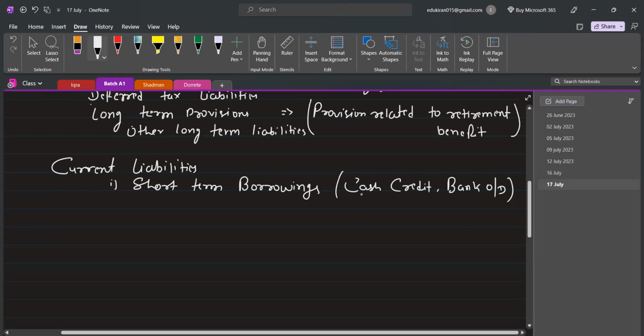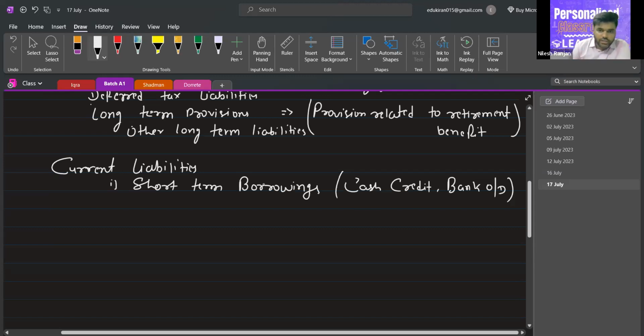Okay, and also in long-term liabilities, we also include trade payable sometime. Trade payable, which is payable after 12 months. So these are also other long-term liabilities because these are not borrowed funds. We have purchased goods on credit basis and it is for long-term purpose. That's why it is also included in other long-term liabilities.